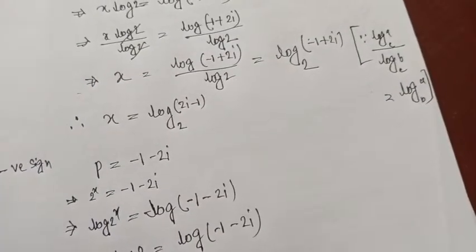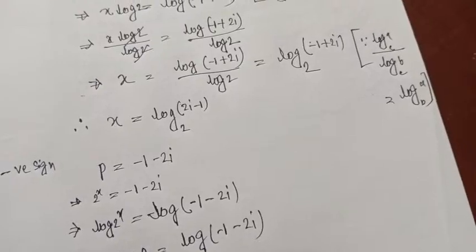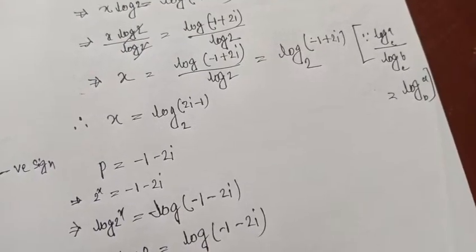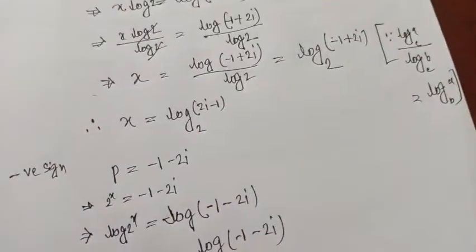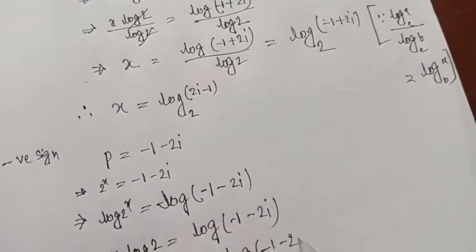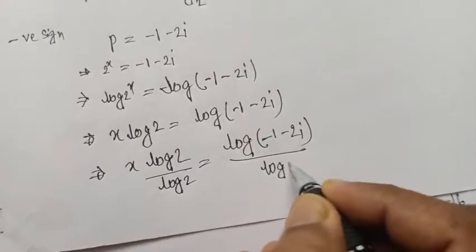If we divide by log 2 from both sides, that is log of minus 1 minus 2i by log 2.